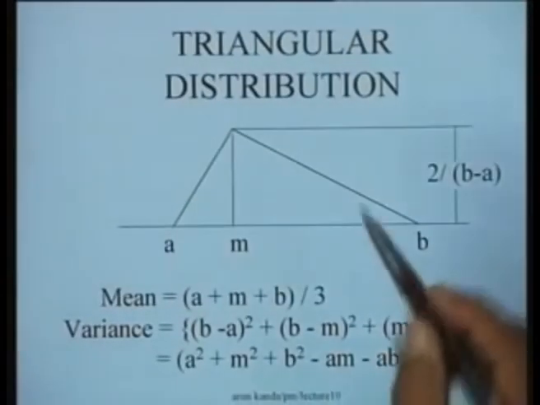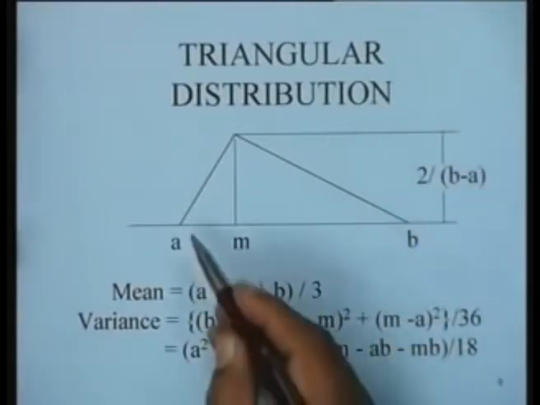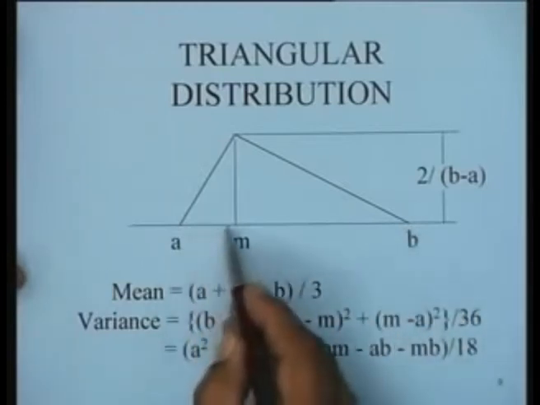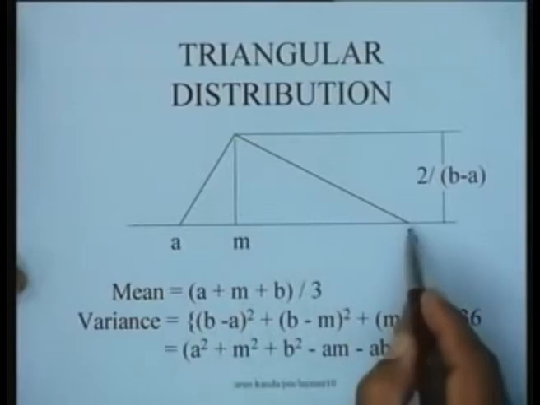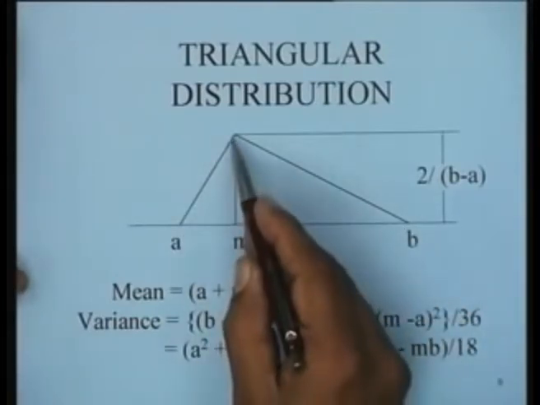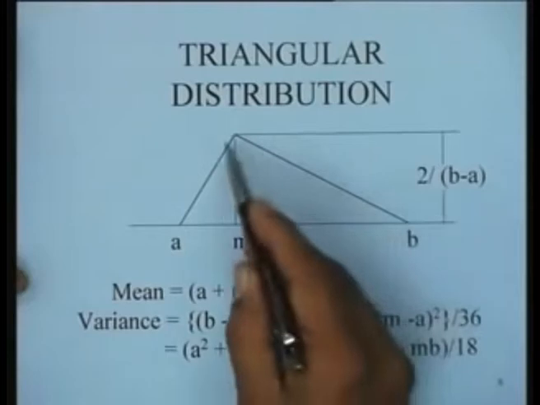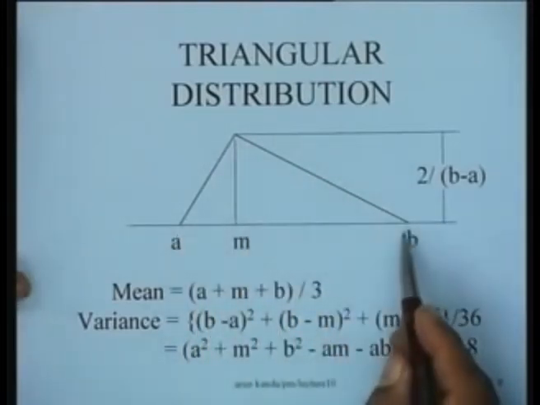Similarly, one could work with a triangular distribution. A triangular distribution is also an intuitively appealing distribution because it has 3 time estimates: the optimistic, the most likely, and the pessimistic time. But what we are assuming is that the variations from a to m are linear in this particular fashion. Then the PDF of this distribution would look like this.